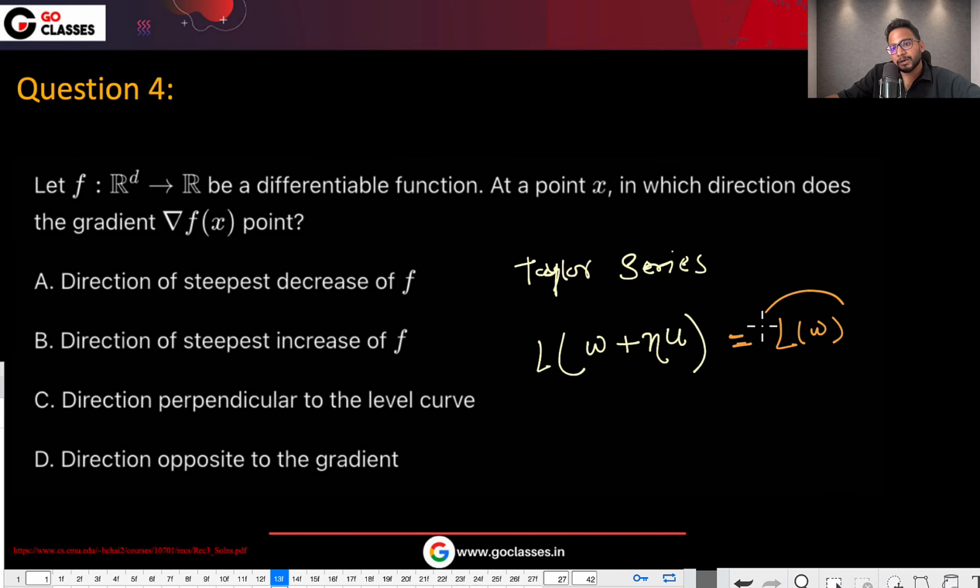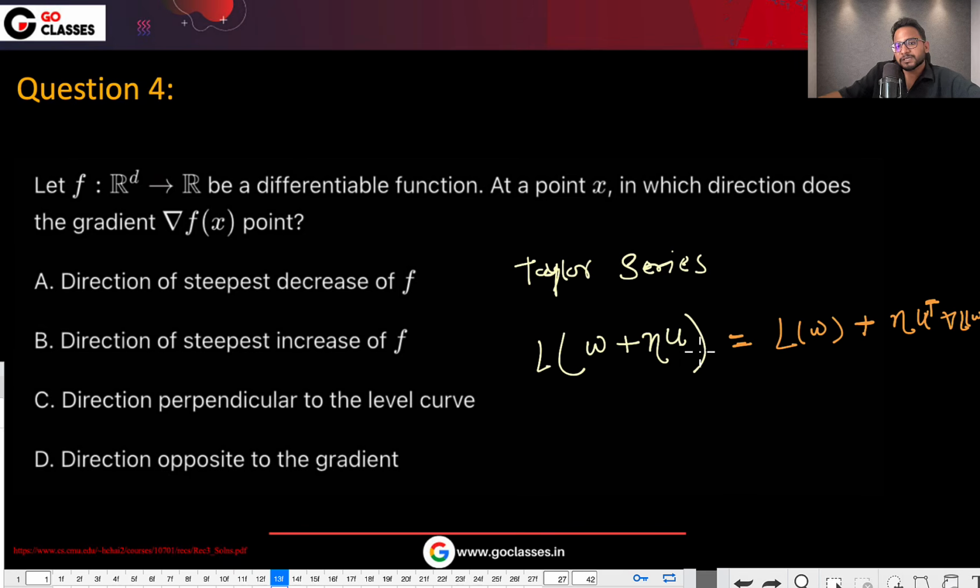L(w) is known to you and you want to find L(w plus eta u). So L(w plus eta u) is approximately L(w) plus eta times u transpose gradient of L(w), at w, plus the second order terms, but let's not worry about those because they will be eta squared by 2 and so on.